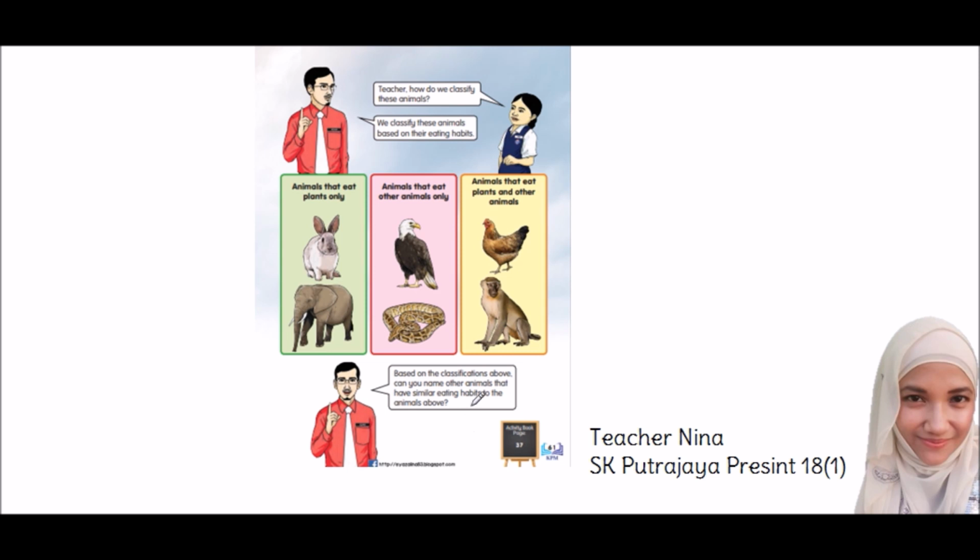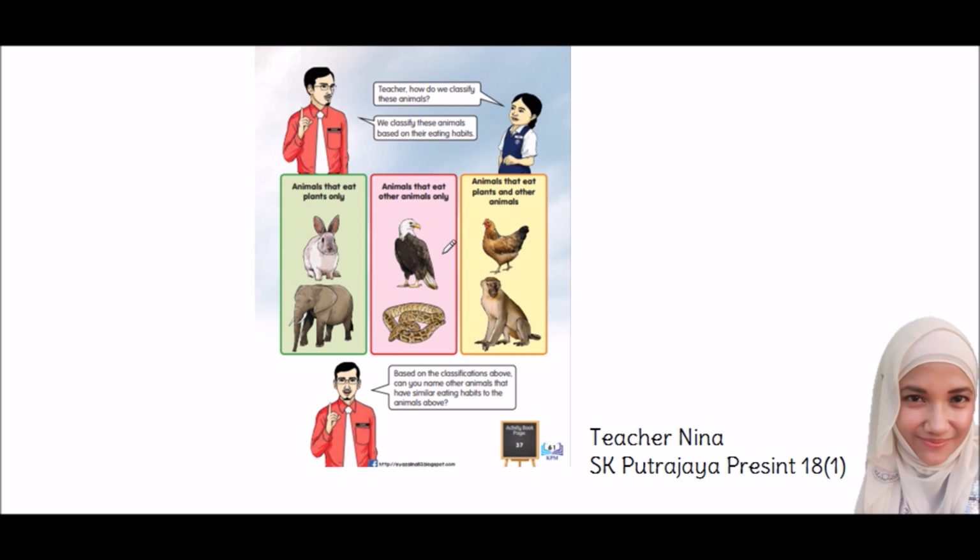Question. Based on the classifications above, can you name other animals that have similar eating habits to the animals above? Can you think of other animals that eat plants only? Name them. What about animals that eat other animals only?